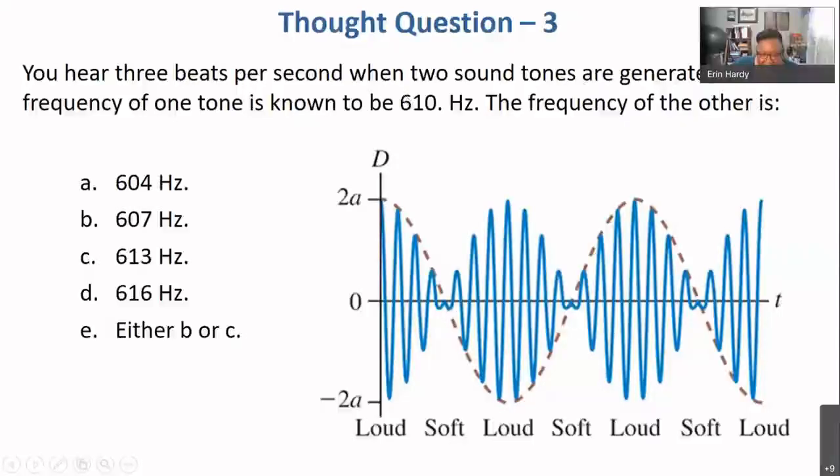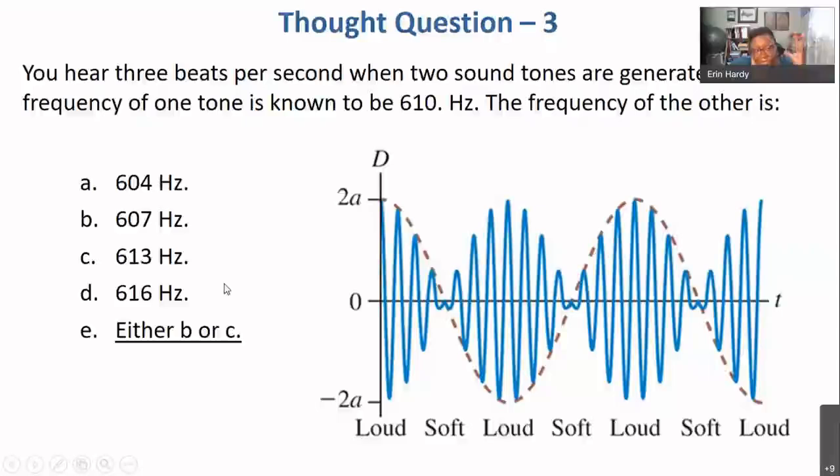That tells us that the separation between our two frequencies is going to be 3 hertz. So 604 is out, 616 is out. We have too few and too many. So either B or C would produce the same thing. That means it could be a 607 and a 610, or it can be a 610 and a 613.